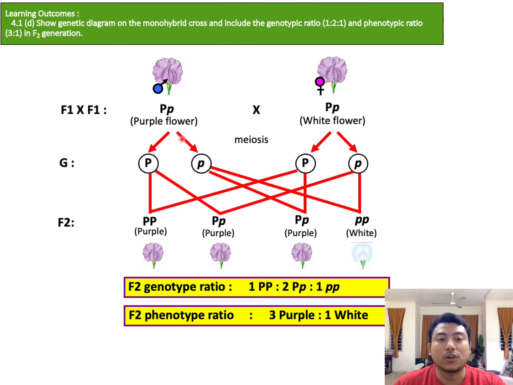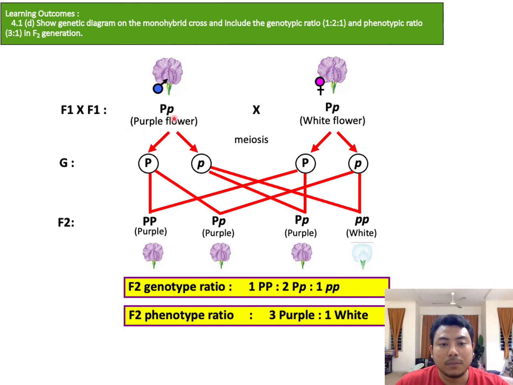Next, the continuation. Earlier we only reached F1. We want to produce until the F2 generation. When Mendel did his study, he always studied until the second generation. So what we will do here is cross the F1 generation with the F1 generation, meaning among siblings. We cross-pollinate the F1 with the F1.